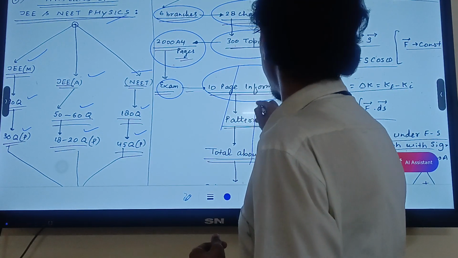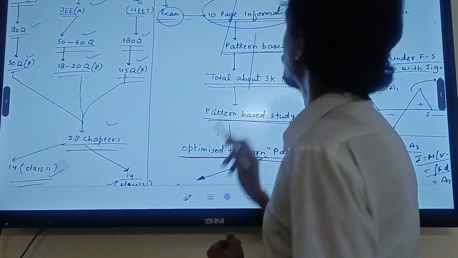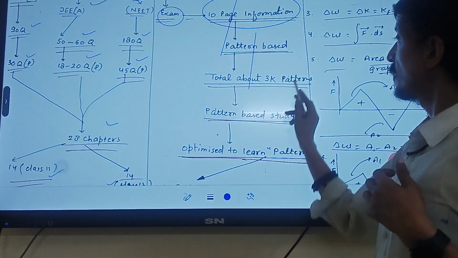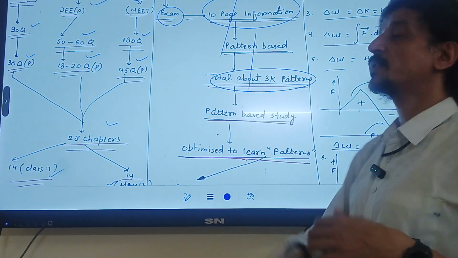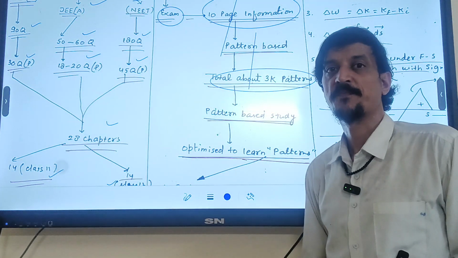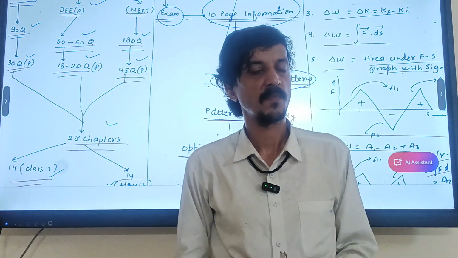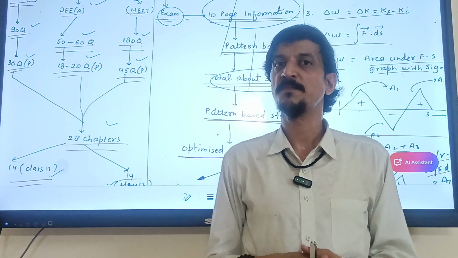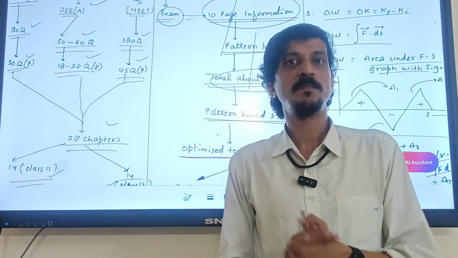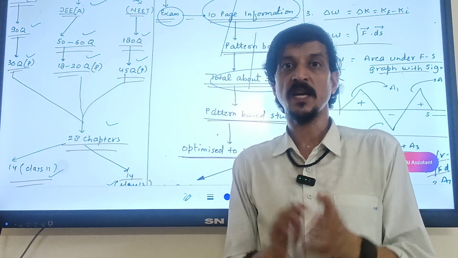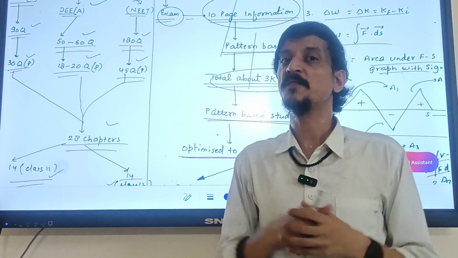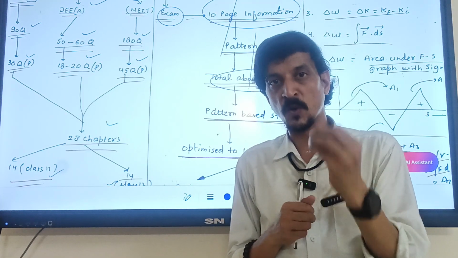If we talk about the patterns, as a whole there are about 3,000 neural patterns in entire physics. If you observe, the universe is following certain patterns, and those patterns are limited, and the universe is the entire manifestation of certain basic laws of nature.